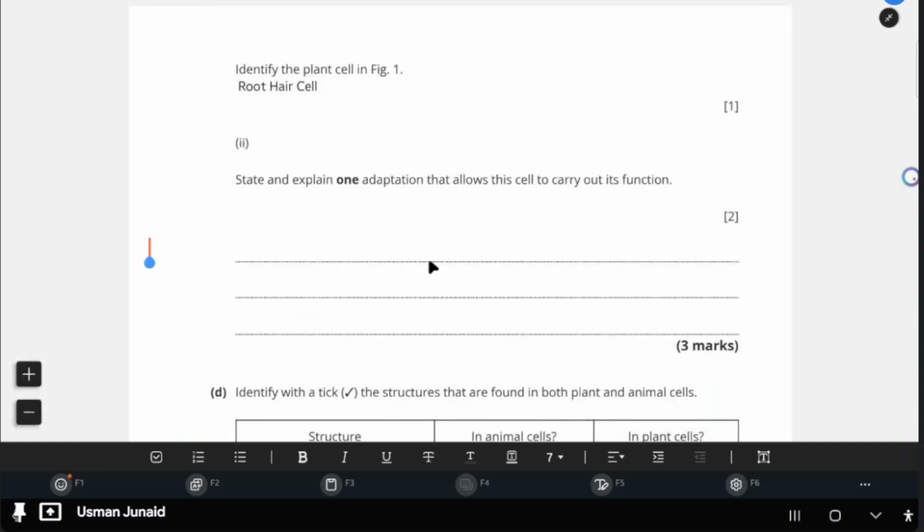So, this long root hair increases surface area to volume ratio and allows water to be absorbed.